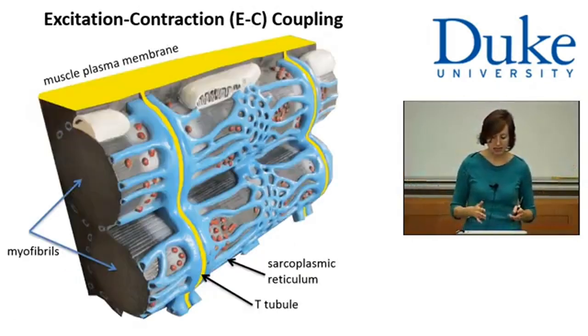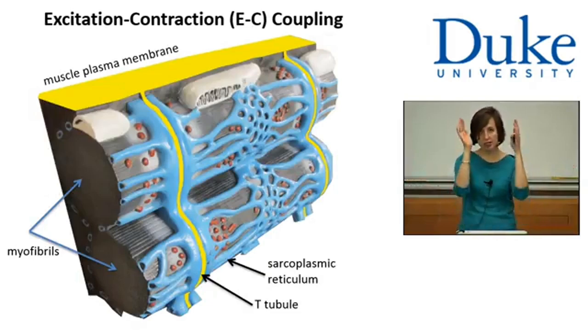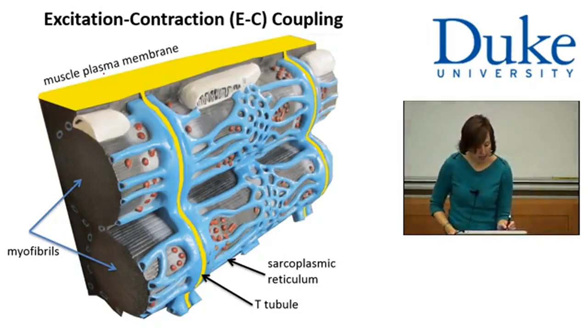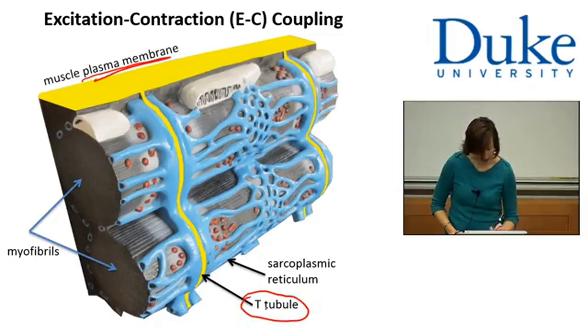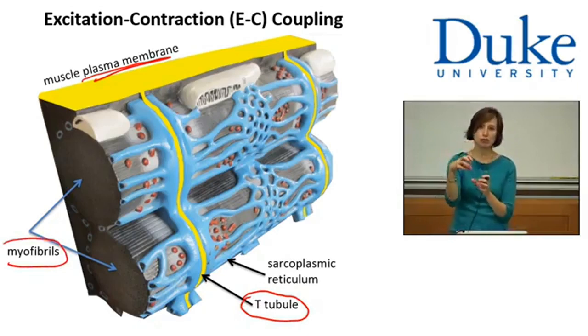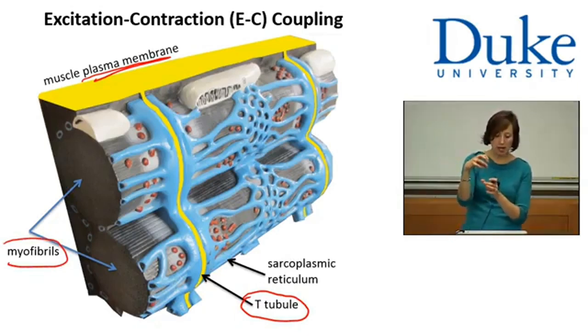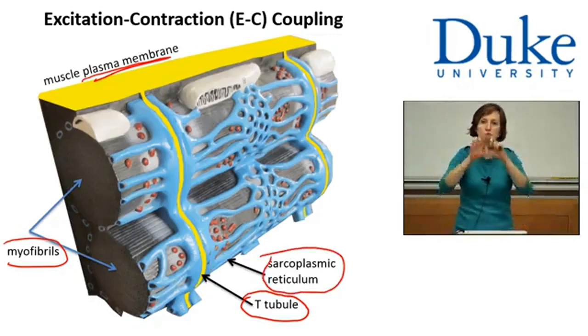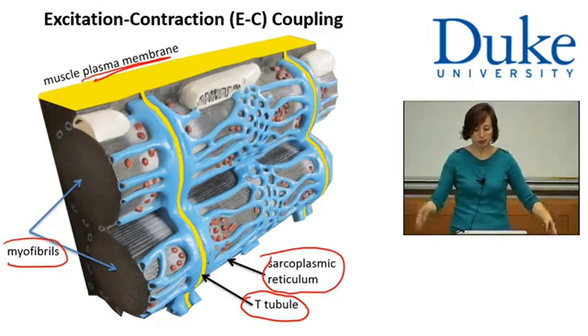So this diagram is showing you just a small portion of a skeletal muscle cell where we have the plasma membrane in yellow as well as the T-tubules shown in yellow, and then we're seeing just two myofibrils sitting right underneath the muscle plasma membrane. And then we have in blue the sarcoplasmic reticulum that is running between the two T-tubules.